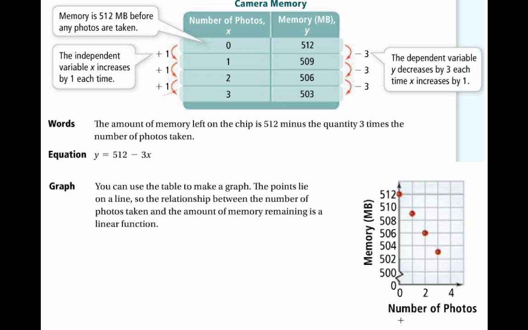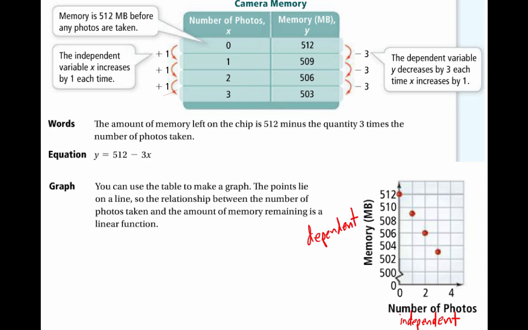So remember, independent variable always goes on the horizontal axis. Dependent variable always goes on the vertical axis. Okay, always, always, always.